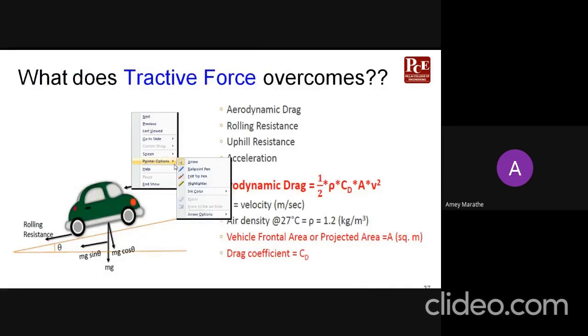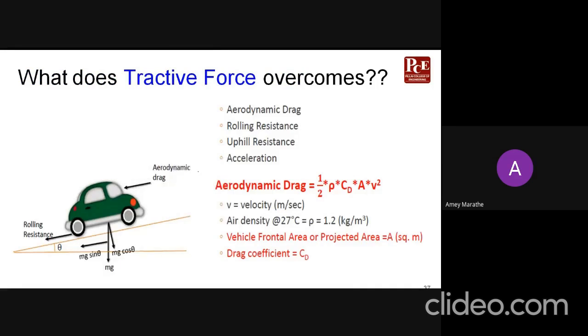So first thing, again, think from the perspective of electric vehicle, not from the perspective of IC engine vehicle, because in IC engine vehicle we are not concerned about these questions. But in electric vehicle, we are very much concerned about these questions. So what is that question?